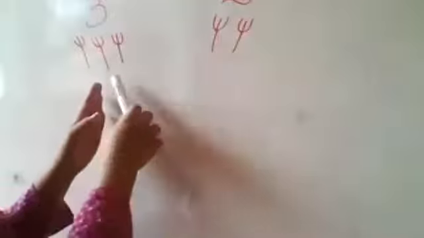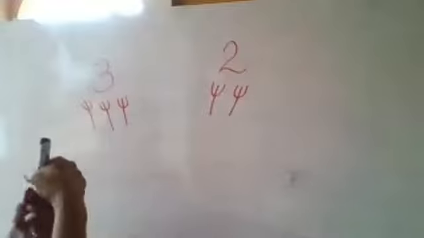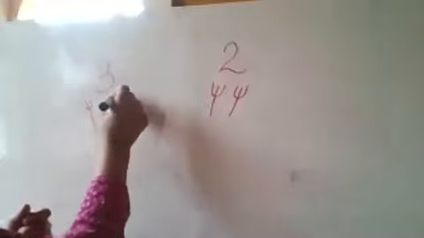Let's see, Fabian, what sign is missing here? Because if you don't have the sign here, we only have 2 groups, but we need to keep them together. We need to keep our groups together.